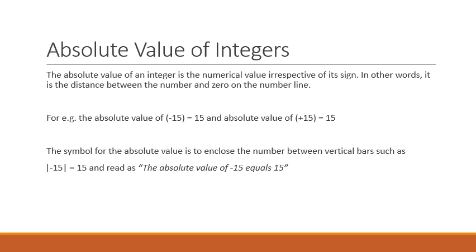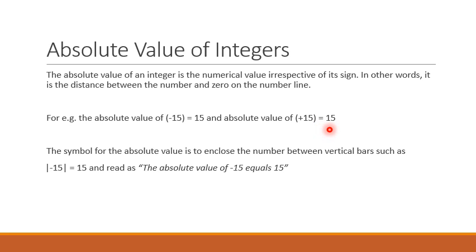Absolute value of an integer. The absolute value of an integer is the numerical value irrespective of its sign. In other words, it is the distance between the number and 0 on the number line. For example, the absolute value of minus 15 is 15 and the absolute value of plus 15 is also 15.